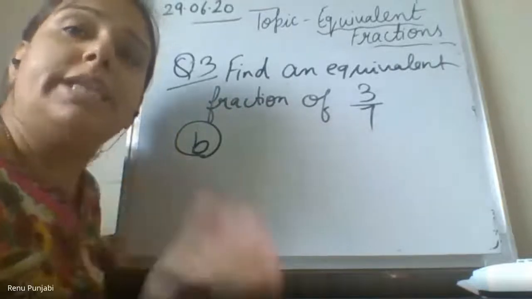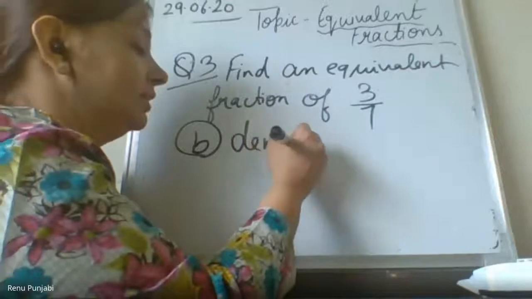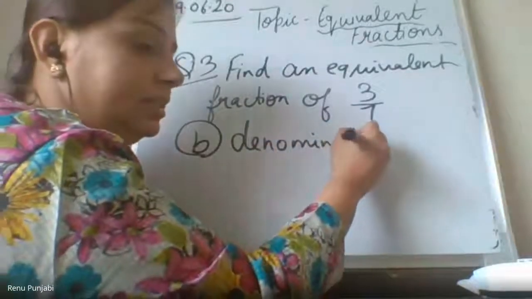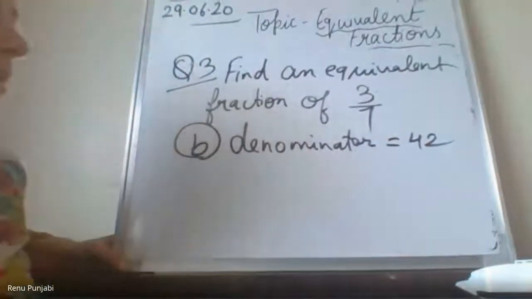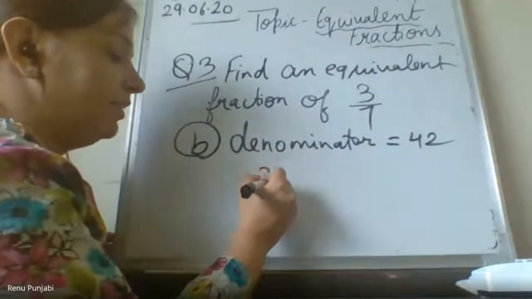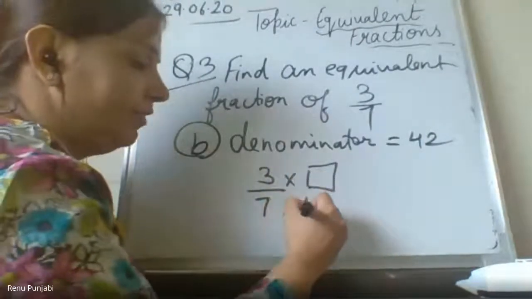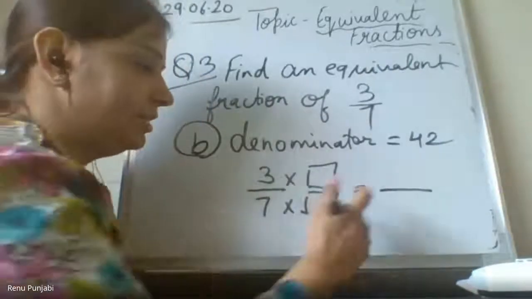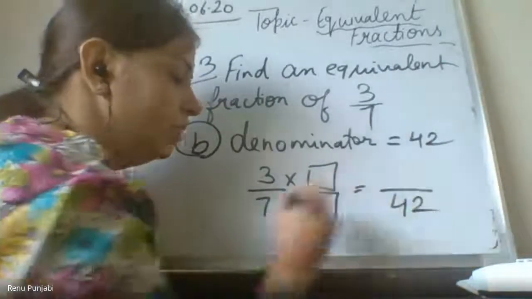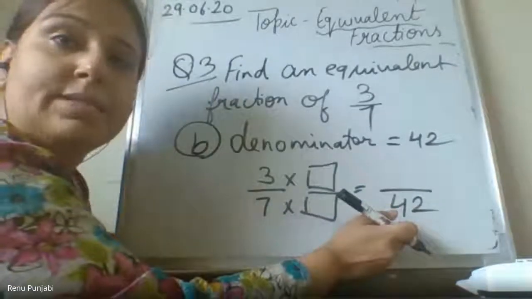Now the situation changed: you have only the denominator, and the denominator is 42. So you have 3 upon 7. You don't have anything here. You don't have anything here. And for the next equivalent fraction, you have 42. So 7 multiplied by which number that you got 42? Please write in the chat box.